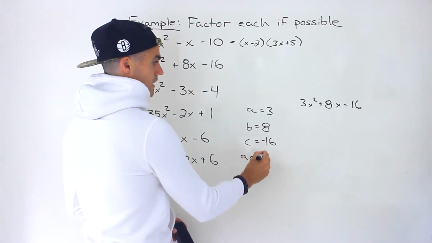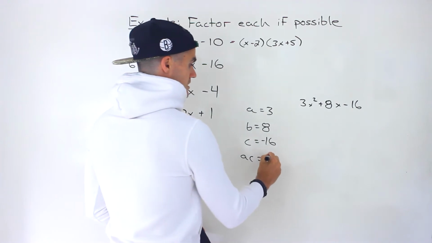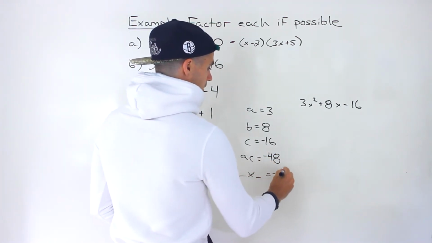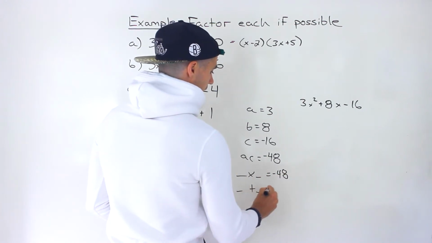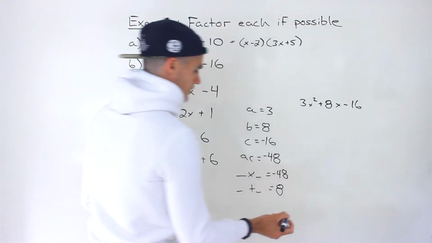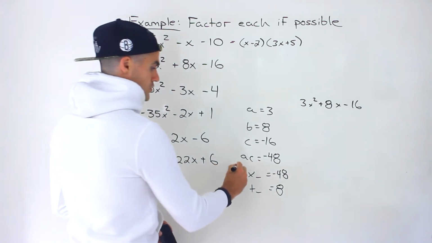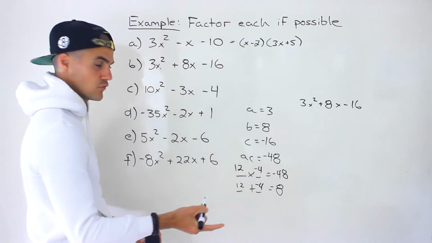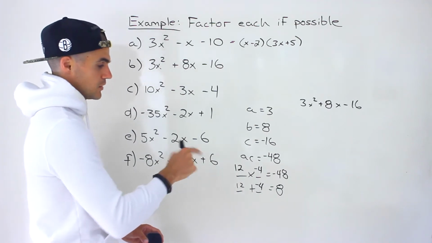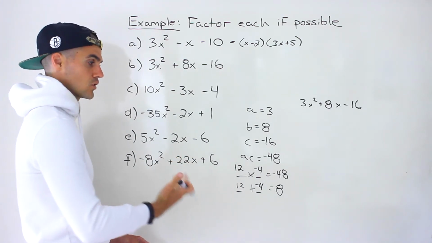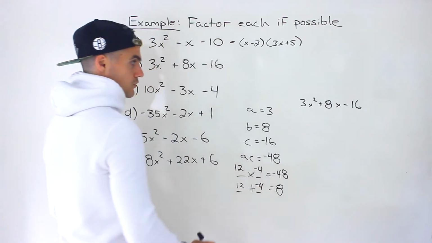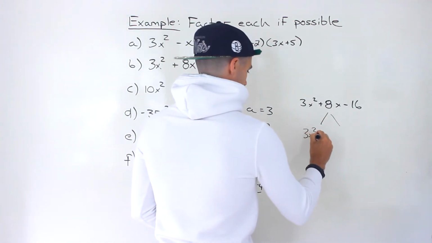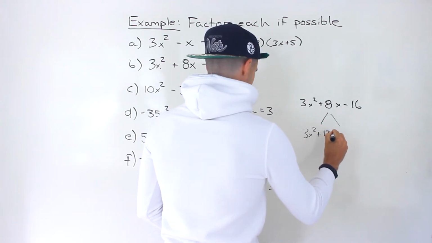What's the AC value going to be? 3 times -16 gives us -48. So are there two numbers that multiply to -48 and add up to that B value of 8? And there are two numbers, 12 and -4. 12 times -4 is -48. 12 plus -4 would be like 12 minus 4, which would give us that B value of +8. So then what we do, decompose, same process.